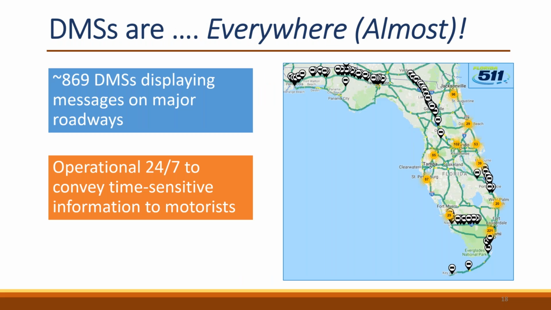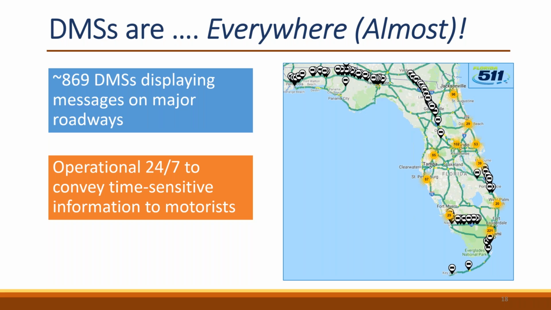And you know what? DMSs are everywhere, almost everywhere. We have roughly about 869, I just round it up, about 900 DMSs displaying messages on major roadways. And these are most often operational 24/7 to convey time-sensitive information to motorists.